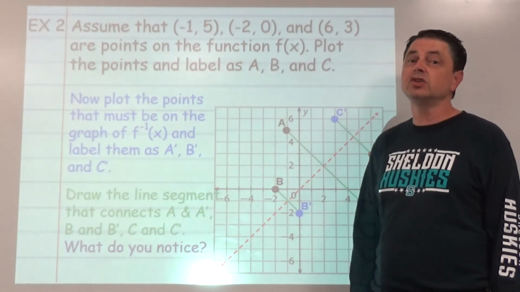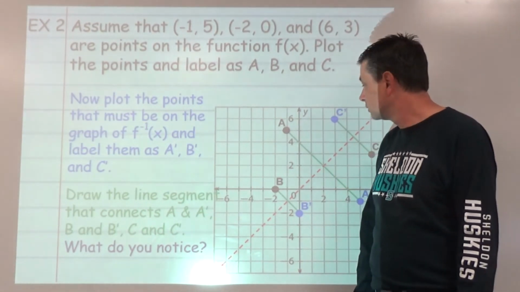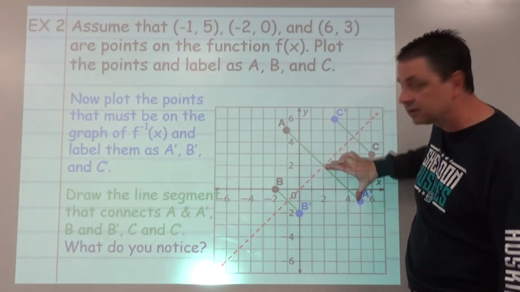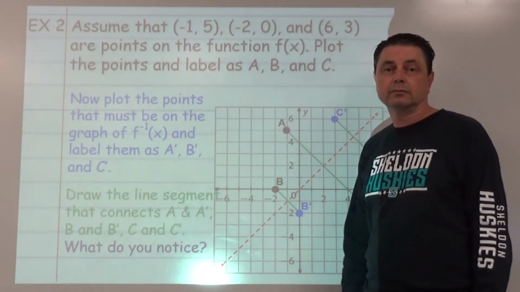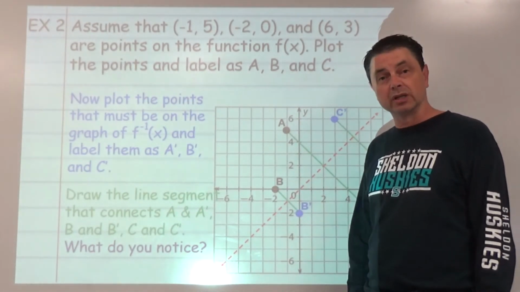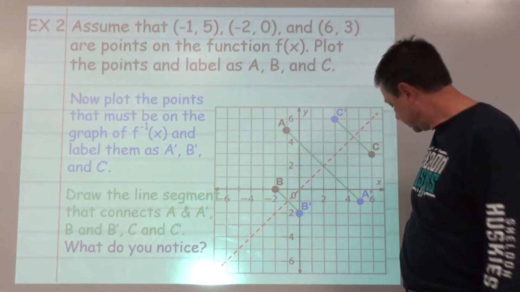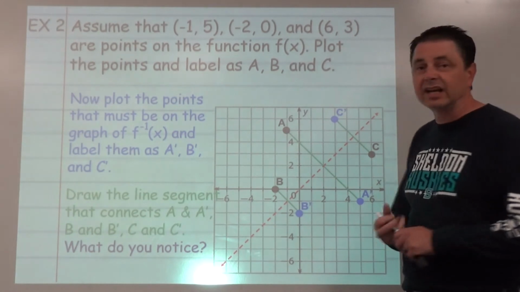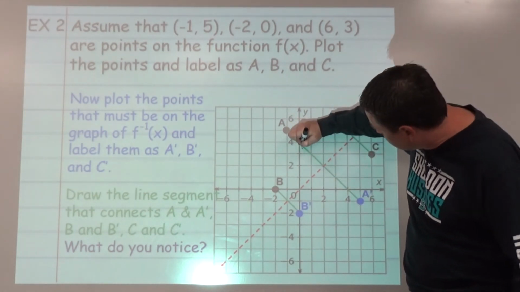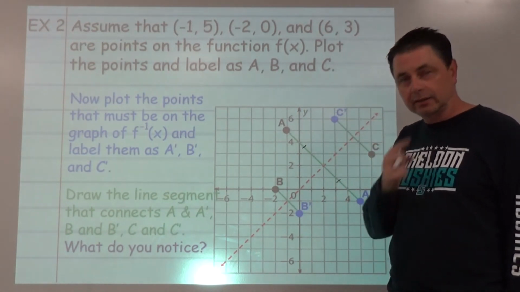You should notice 2 things. First, this distance and this distance are the same. They are, in geometry terms, congruent, the same length. So to indicate that, we'll put a mark here and here to say those are the same length.